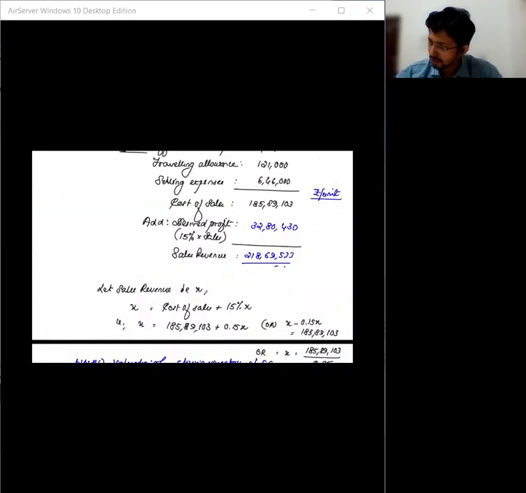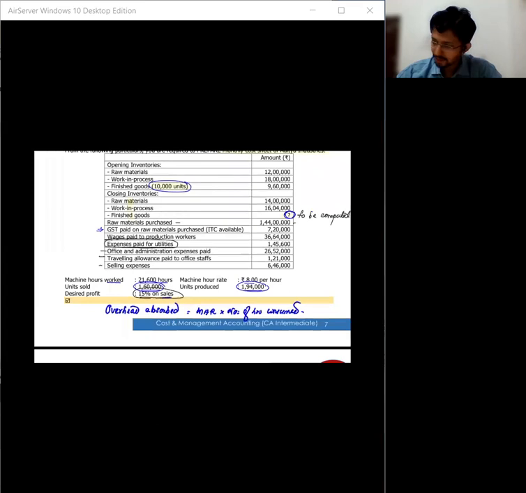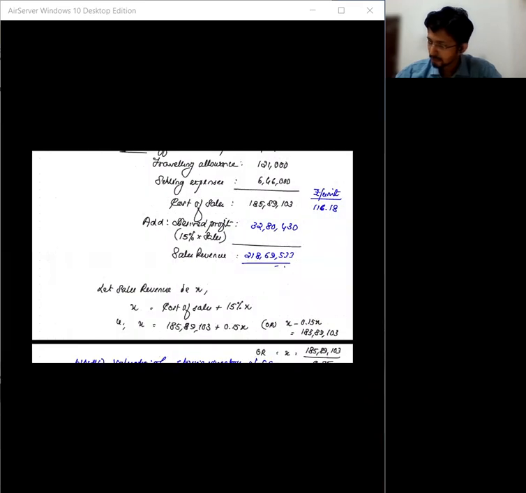So divided by 1,60,000, that will come to 116.18 rupees, plus your profit, 32,80,430 divided by 1,60,000 units sold, which gives you 20.50.